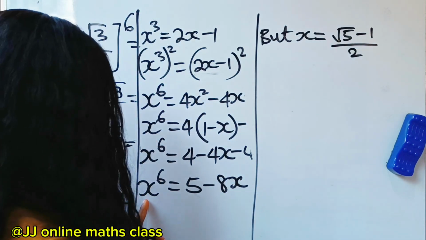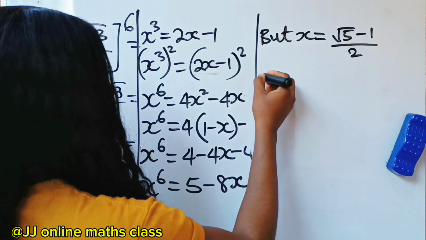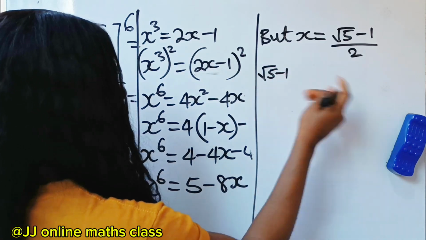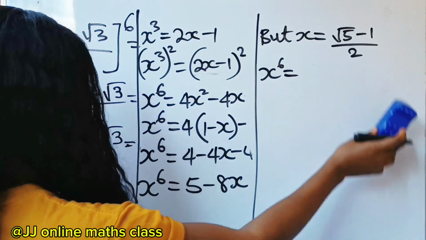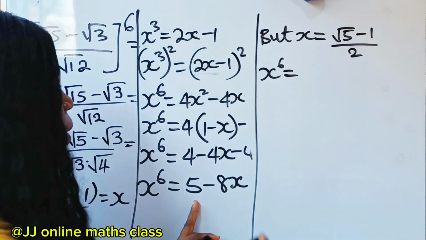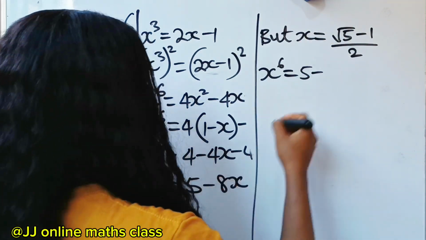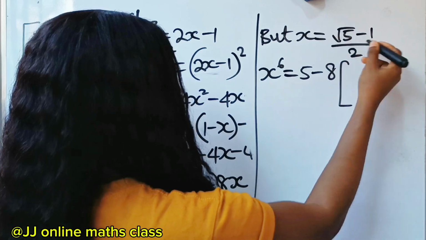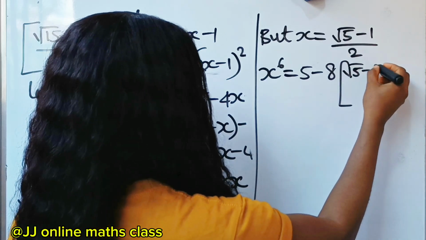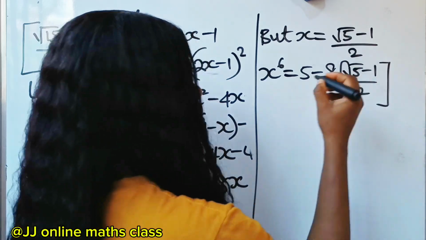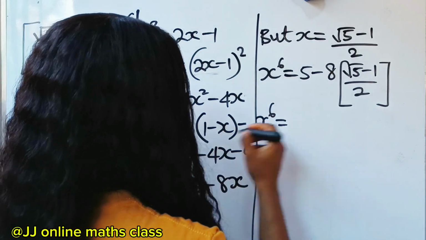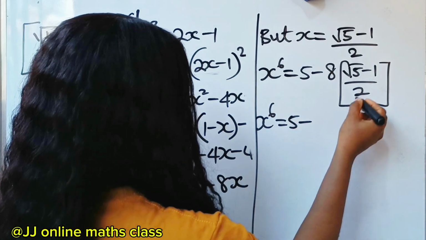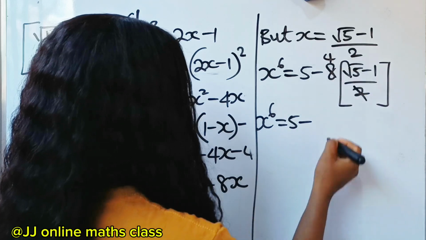Okay, so let's substitute. This is x to the power of 6. Let's just use x to the power of 6 is equal to, then we have 5 minus 8, then let's use this, root 5 minus 1 divided by 2. Okay, so we have x to the power of 6 is equal to 5 minus, this we divide this to give us 4, right?